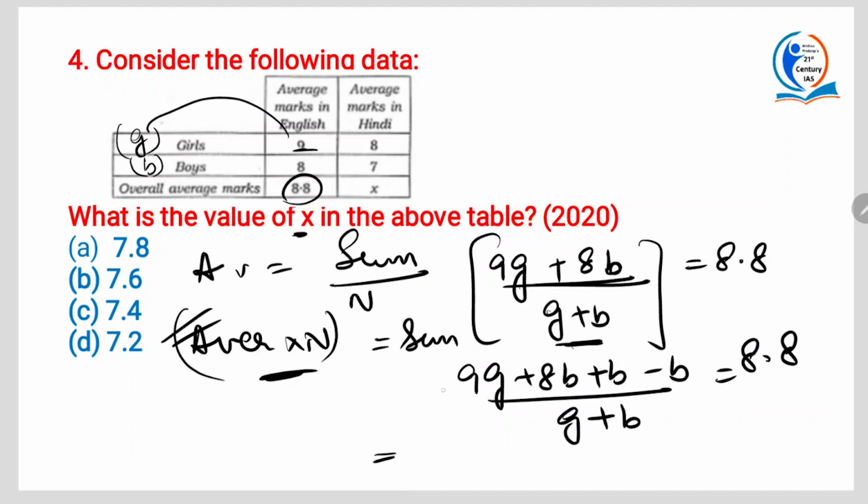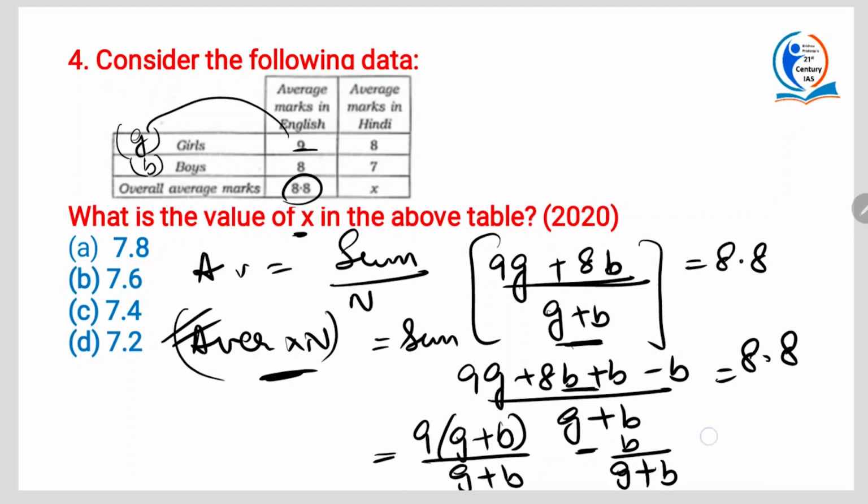Which means 9 into (G plus B) by (G plus B) minus B by (G plus B) is equal to 8.8. So this and this will get cancelled. So what is the value of B by (G plus B)? It will become 9 minus 8.8, that is 0.2. What is 0.2? It is 1 by 5.